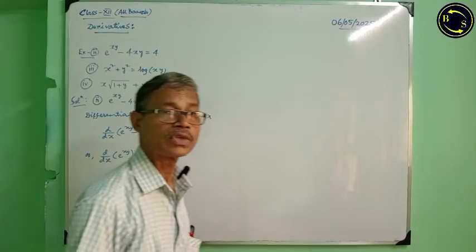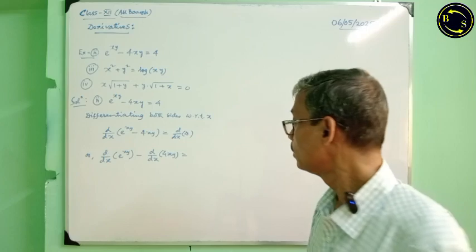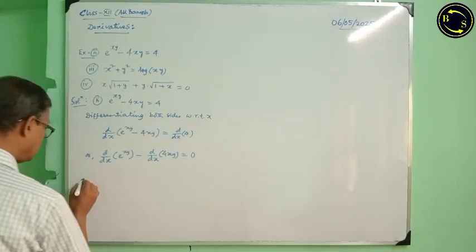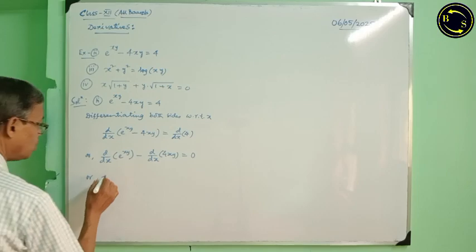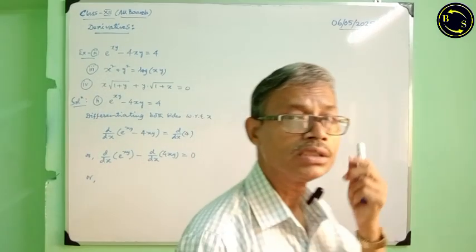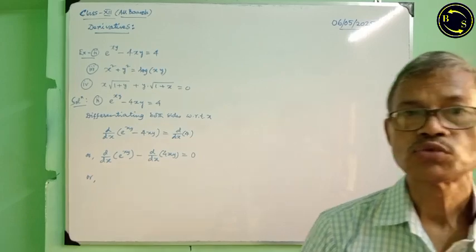That means d/dx of constant, that will be 0. Now d/dx of e to the power xy, power is xy.